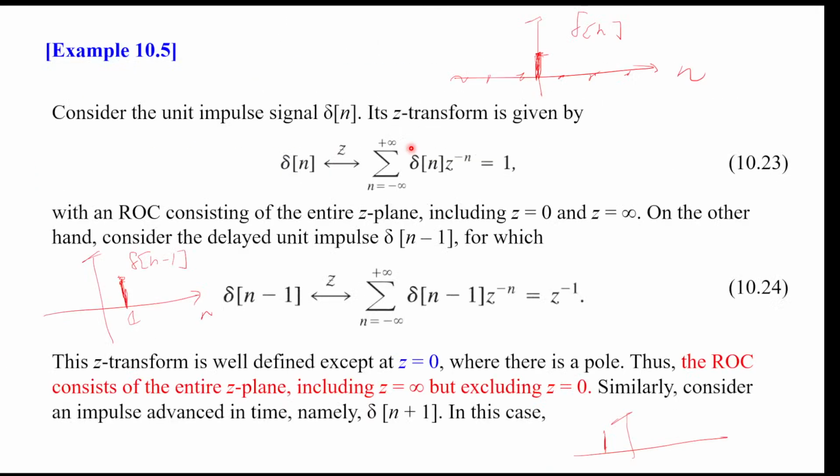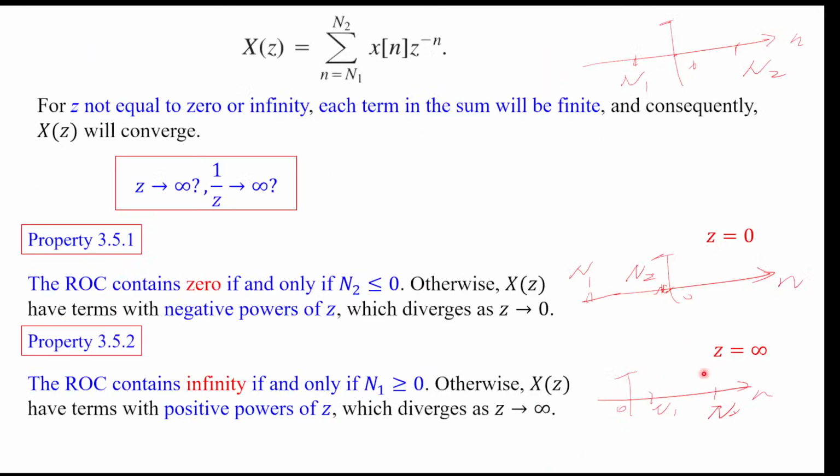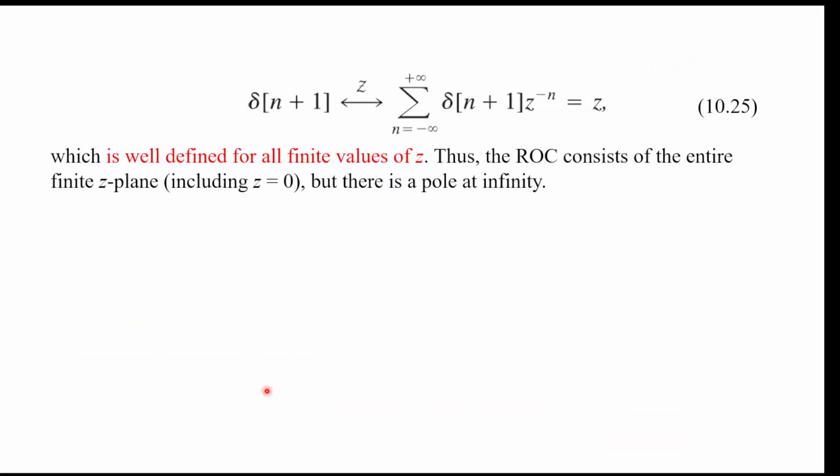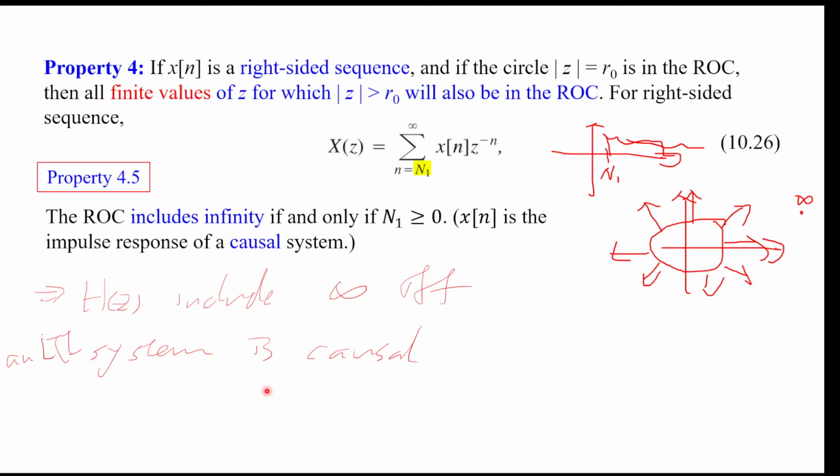We have the condition n1 greater than or equal to 0, so we are in the case containing infinity but not containing 0. So this is a causal case. Another thing to memorize: this is a causal h of n, and it should include infinity.